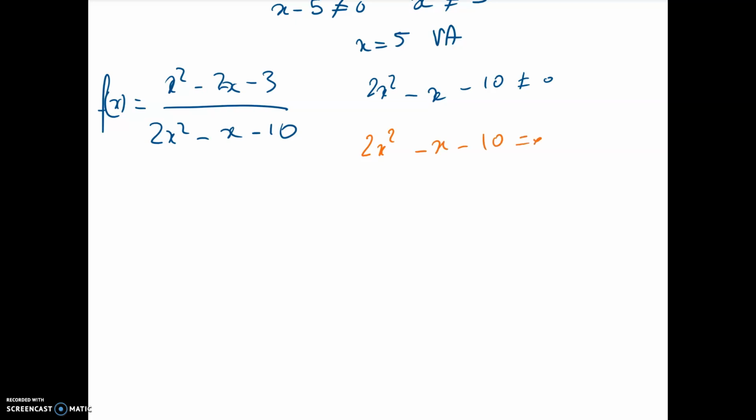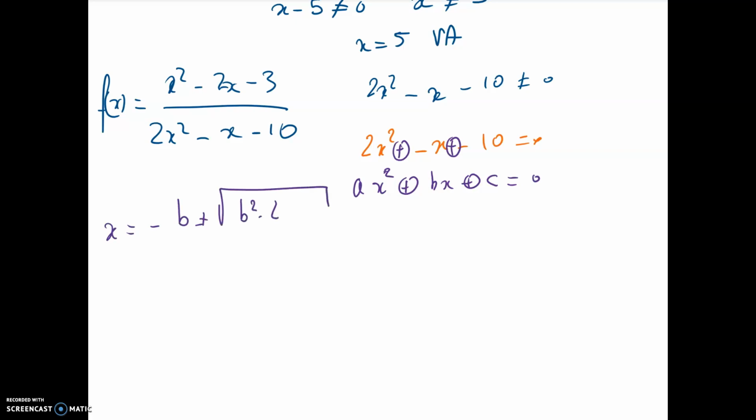I am going to add a plus right here and a plus right there, making reference to ax squared plus bx plus c equals 0. That helps me to use x equal -b plus or minus the square root of b squared minus 4ac, divided by 2a. And it's pretty easy to find a equal 2, b equal -1, and c equal -10.